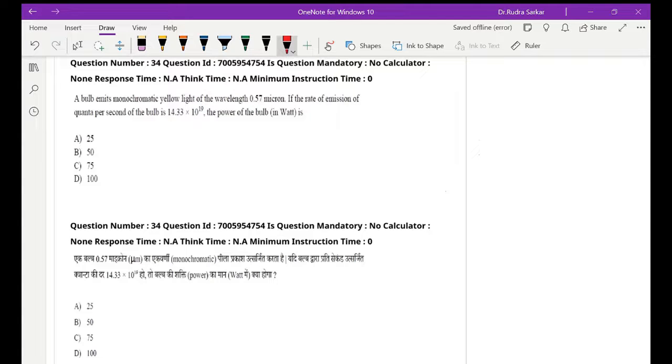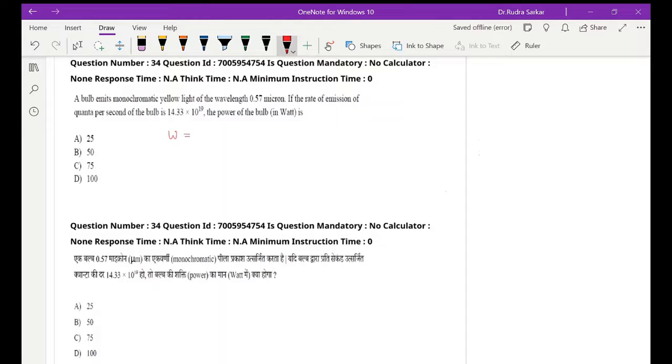Question number 34: a bulb emits monochromatic yellow light of wavelength 0.57 micron. If the rate of emission of quanta per second of the bulb is 14.33 into 10 to the power 19, the power of the bulb in watts is?